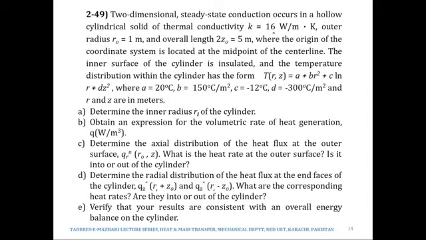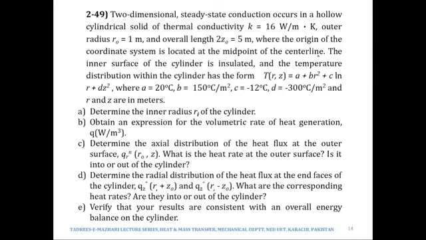It means that the properties of the material are constant, it is an isotropic material. The outer radius of this cylinder is 1 meter and the overall length is 5 meters, and 2z0 is in fact 5, where the origin of the coordinate system is located at the midpoint of the center line.